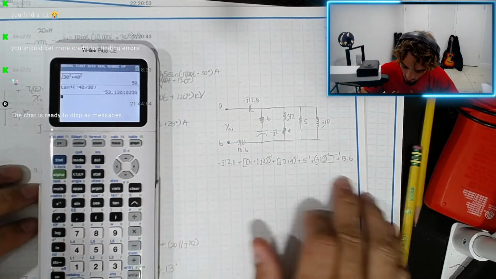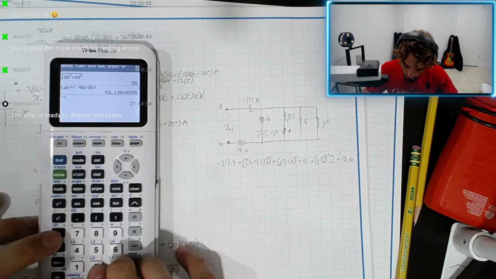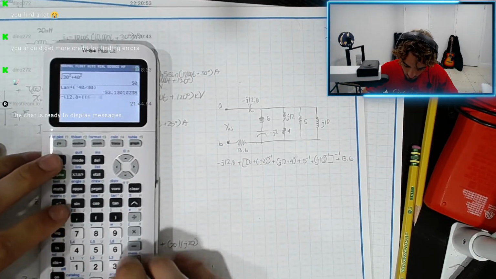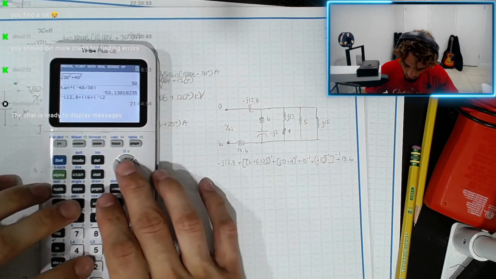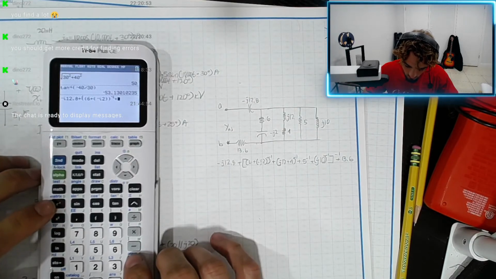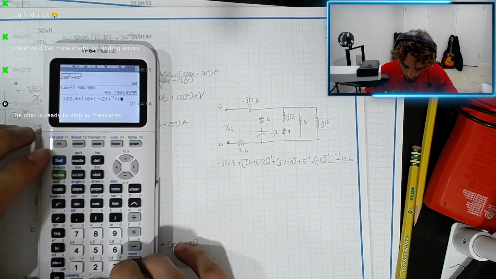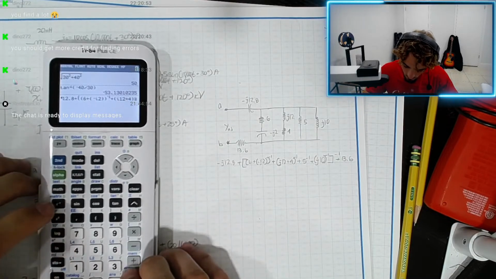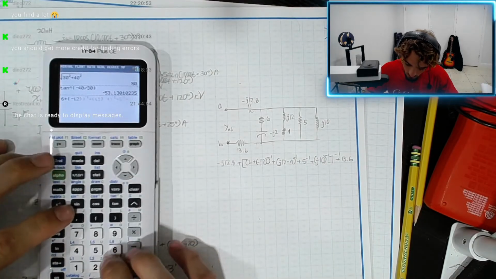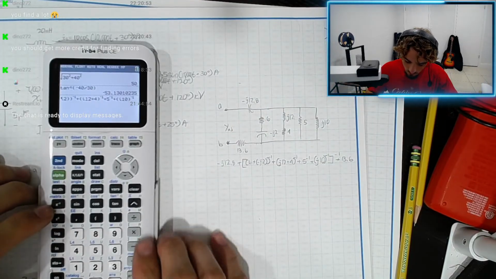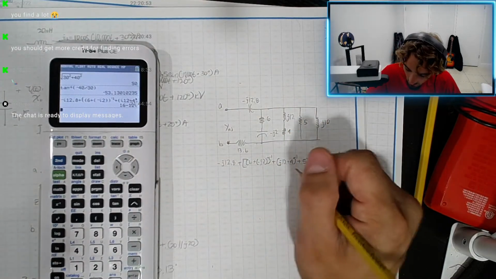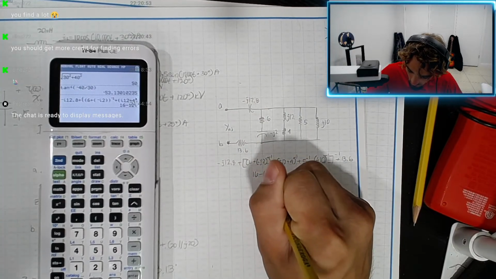So let's put this in. Let's crunch these numbers. 16 minus 12j.